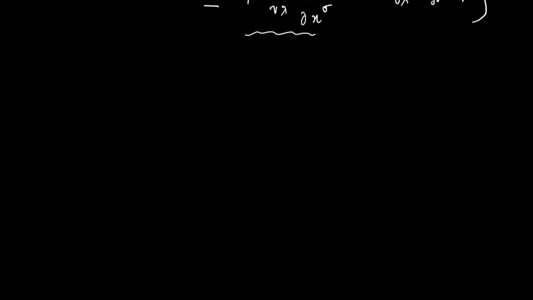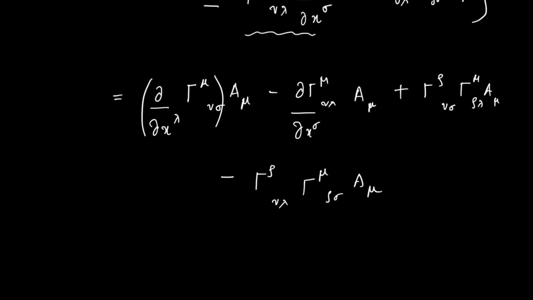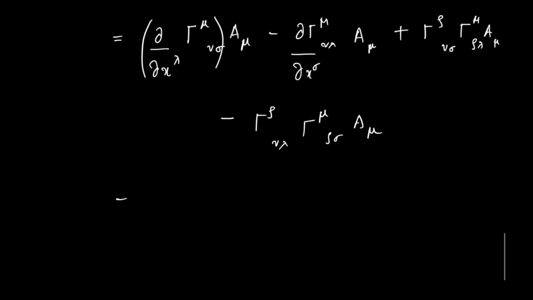The remaining terms will be x lambda mu nu sigma A mu minus A mu plus rho nu sigma mu rho lambda A mu minus Christoffel symbol rho nu lambda, Christoffel symbol mu rho sigma A mu. So in all these terms we have A mu common.